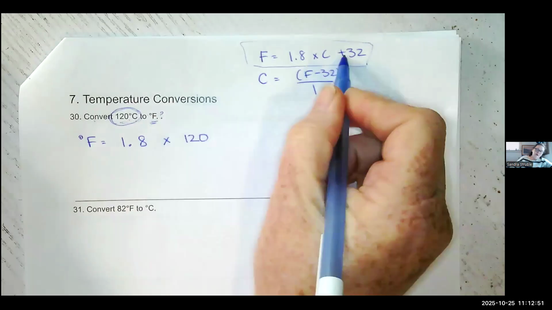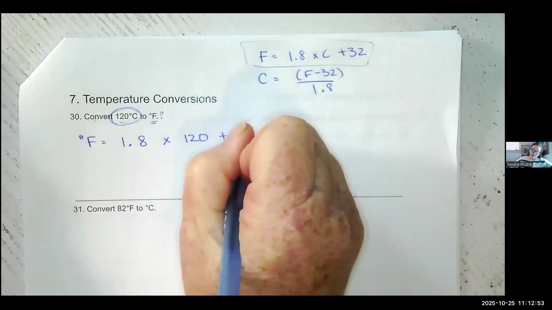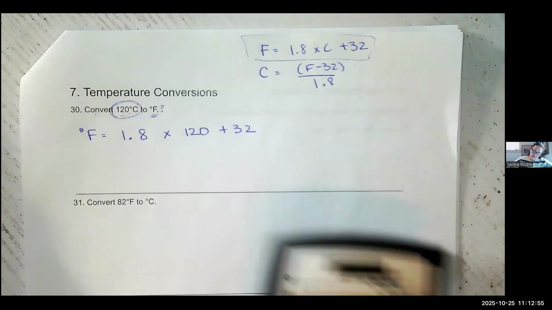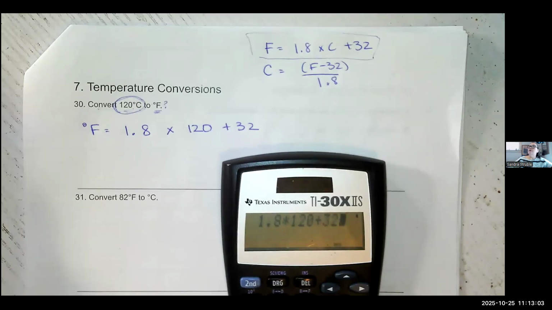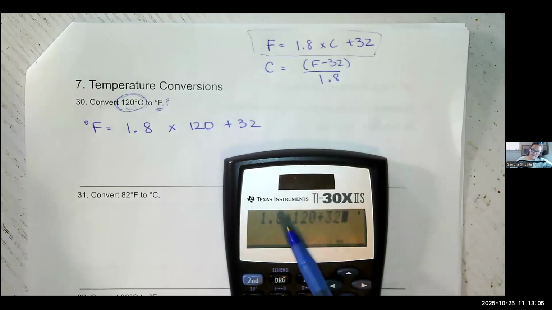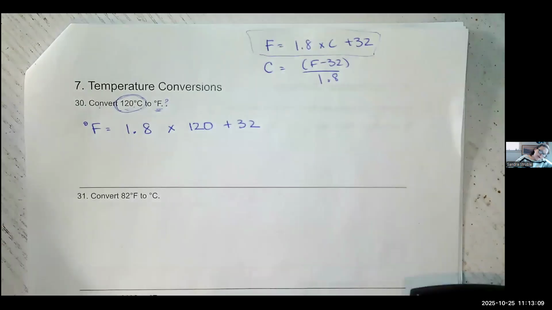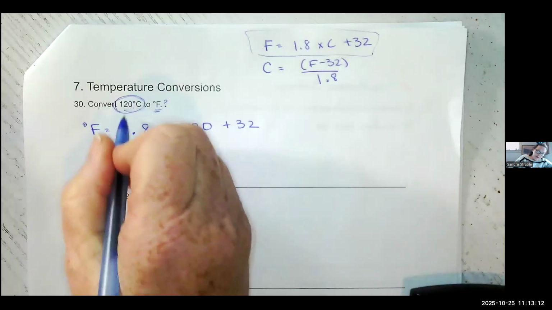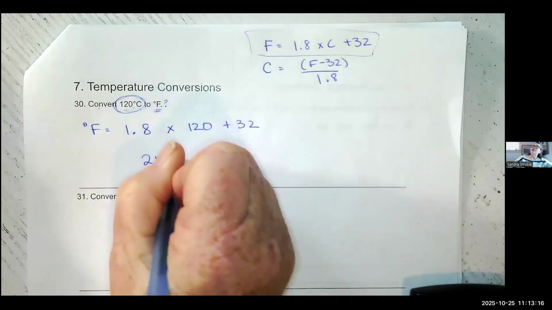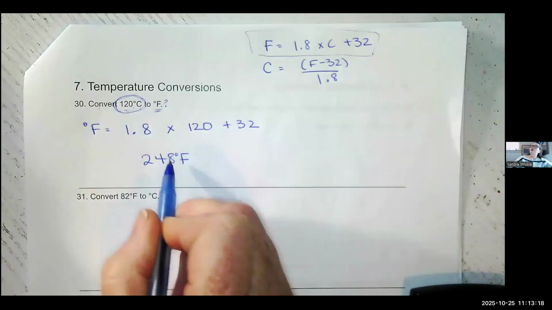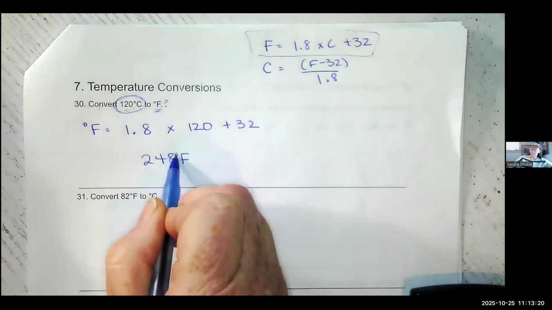And I can put that all in my calculator exactly as it is right there. 1.8 times 120 plus 32. Your calculator knows order of operations, and so it will multiply before it adds. 248. So 120 degrees Celsius is 248 degrees Fahrenheit. Please don't forget, whenever you're writing this for units, you need the little degree sign and Fahrenheit.